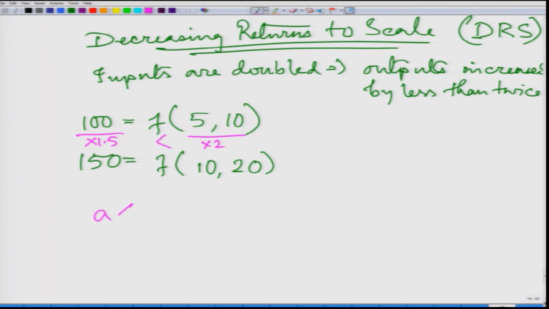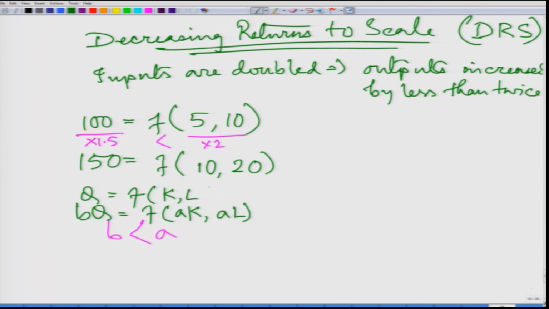Or if we take the previous example, b is less than a, when Q equals F(K, L), and the new production function says when I increase my capital and labor by a units, I get bQ as my output, where b is less than a, it shows that I am on decreasing returns to scale.